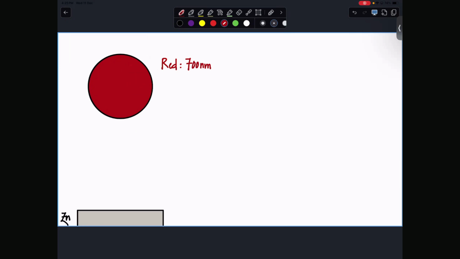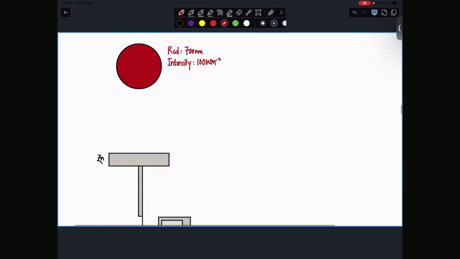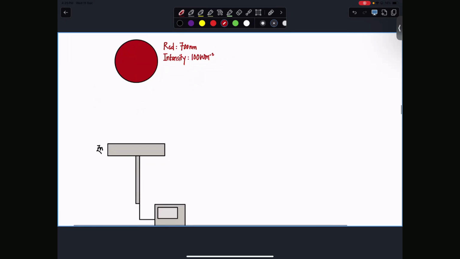So 700 nanometer, that's the red light wavelength. And there's another thing you need to watch out for, the watt of the light, the intensity. The intensity here is 100 watt per meter square. So you have a red light of 700 nanometer, intensity 100 watt per meter square.